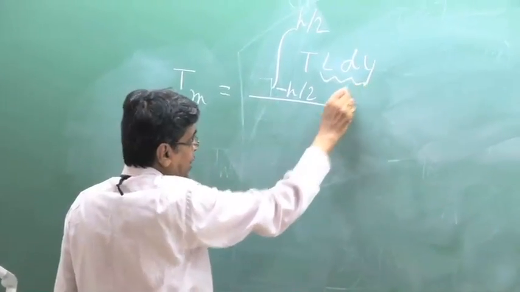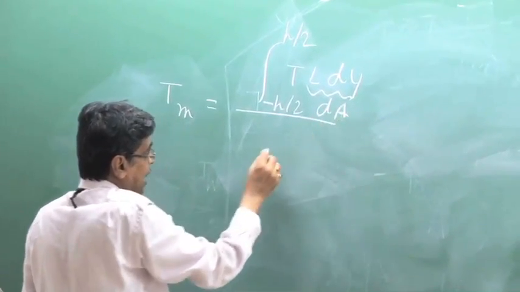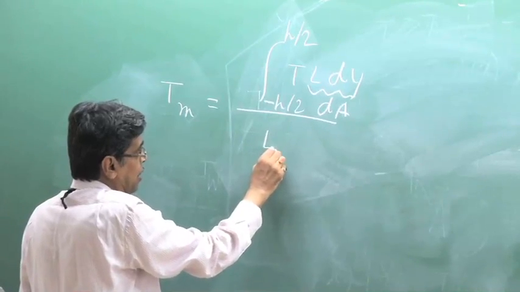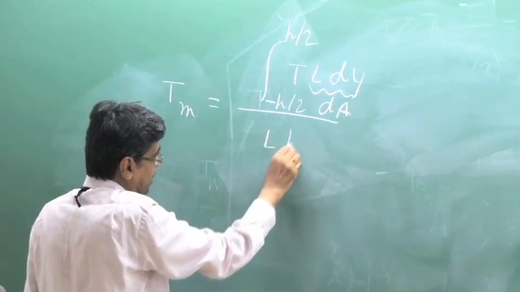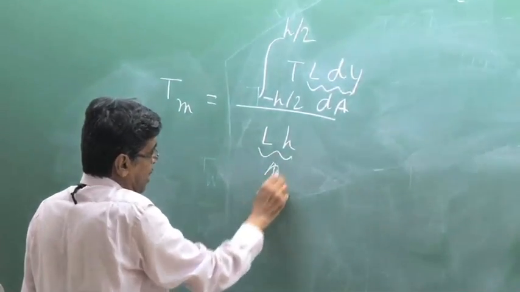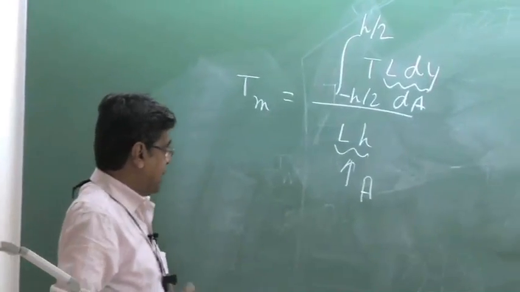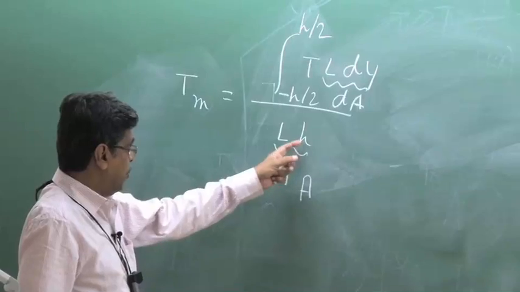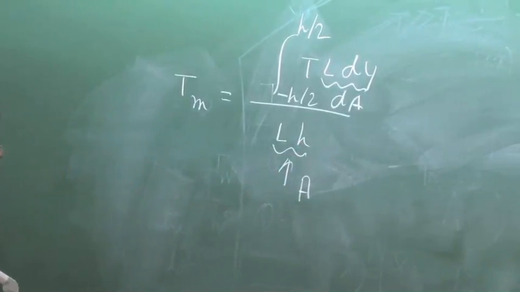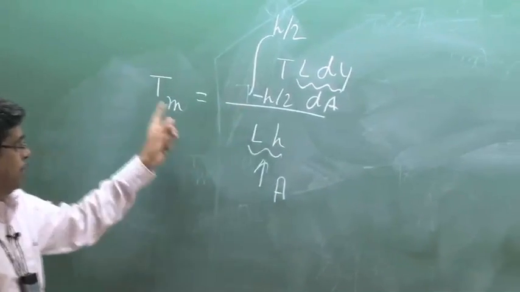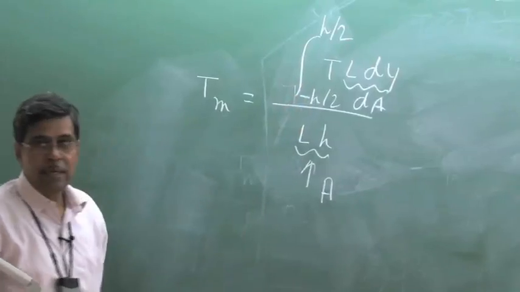This is nothing but dA, and here it will be L into H. That means this is A. In the earlier session, I probably omitted this L. So this will be the area average, dimensionally it is T.